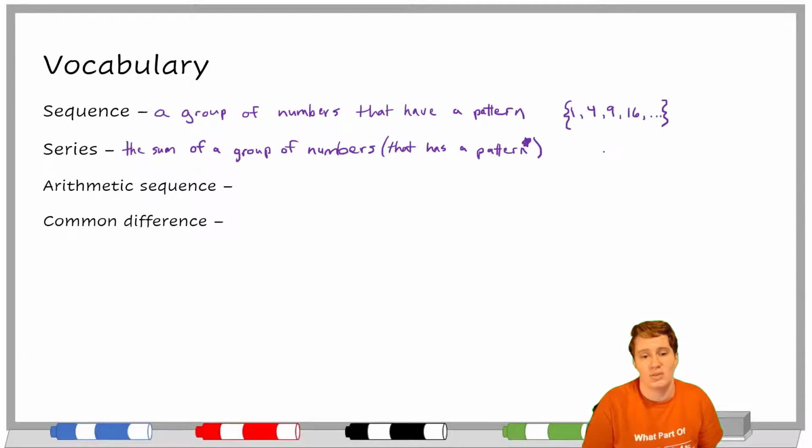As we look at sequences and series, there are 2 specific types that we typically look at initially. We're doing the first one this lesson, and I think the other one is the next lesson, if I remember right.